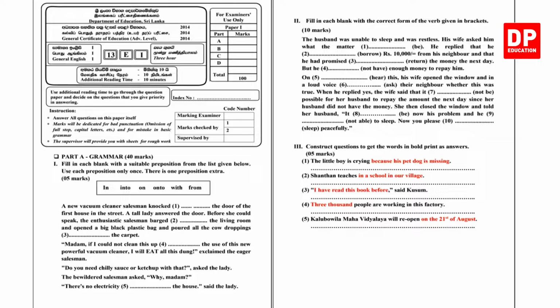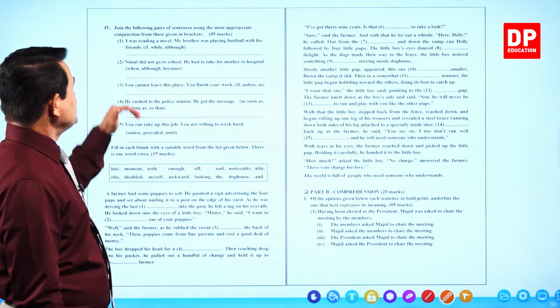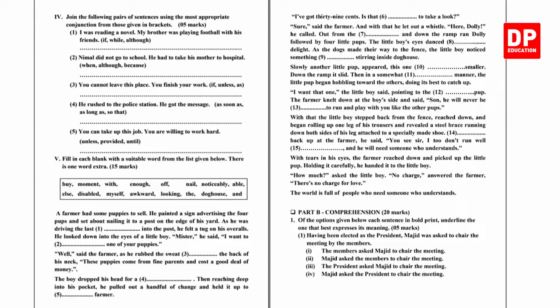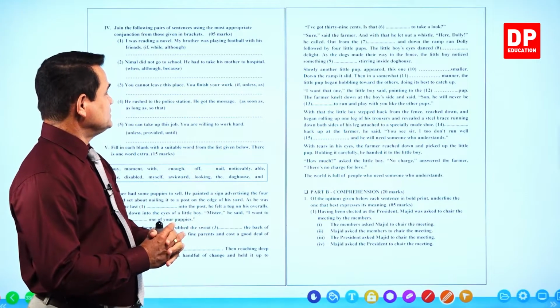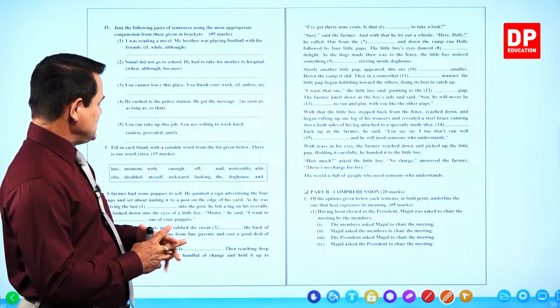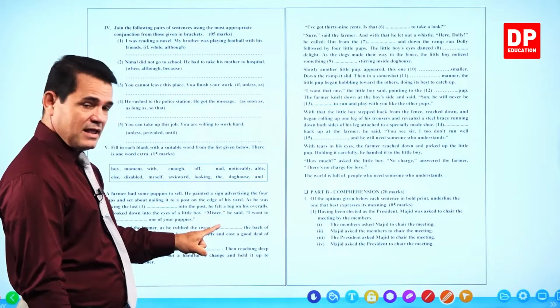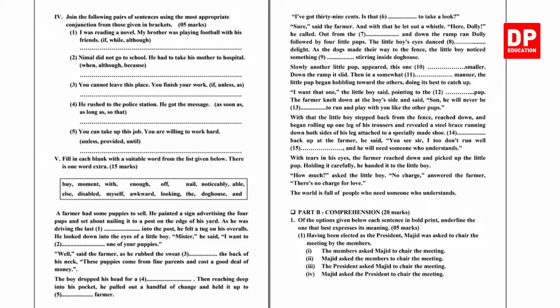And next once again, join the sentences using these words. And there's another closed text, a long paragraph with blanks. So those are the questions that you get in part A.